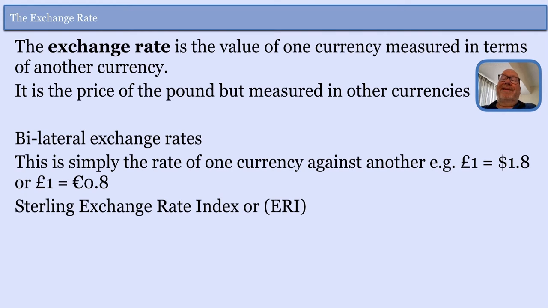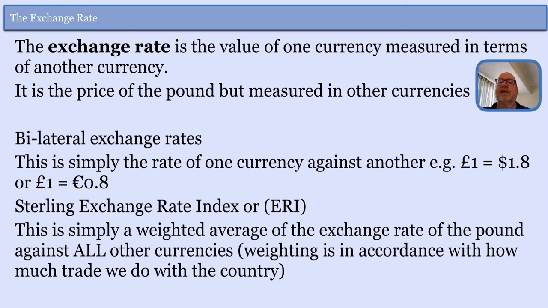The other way in which they express it is, instead of saying, let's look at what's happening to the pound against the dollar, we want to look at what the pound is doing against all exchange rates. And so you use this idea of an exchange rate index, or in this case a sterling exchange rate index. And all it is, it's a weighted average of the exchange rate, the pound against all currencies.